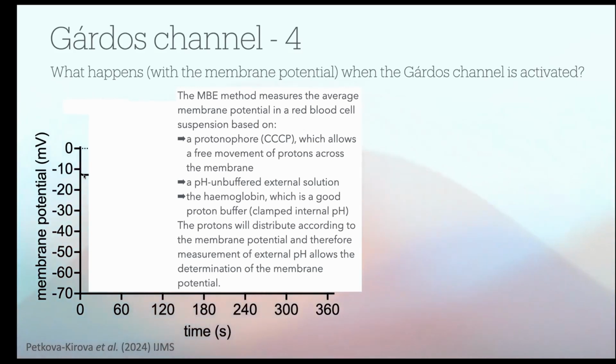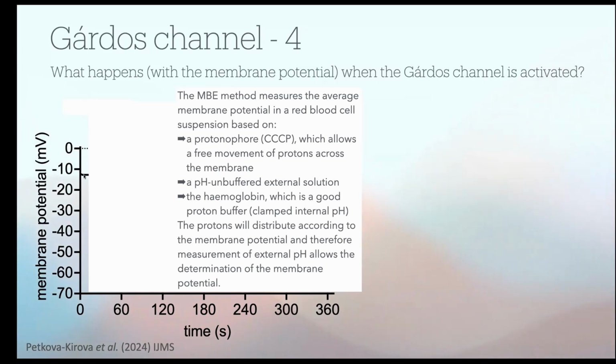Another essential part of the method is that you use a pH unbuffered external solution. And on the other side of the membrane, you have the hemoglobin, which is a good proton buffer. So this means the internal pH value is clamped due to this buffering capacity of the hemoglobin. And as a result, now the protons will distribute according to the membrane potential.